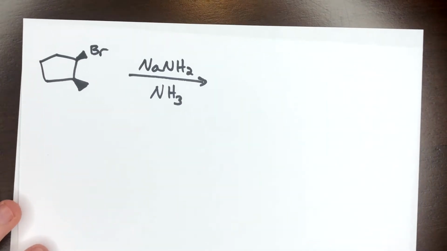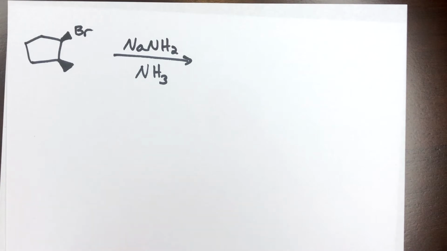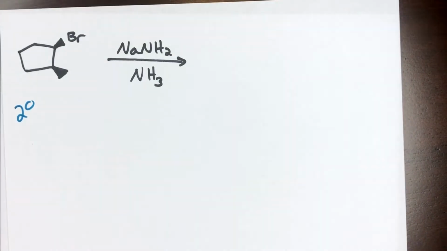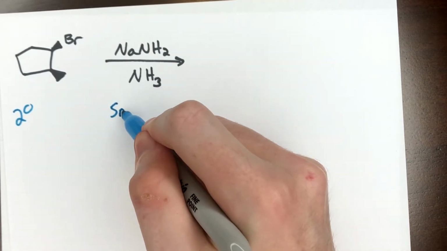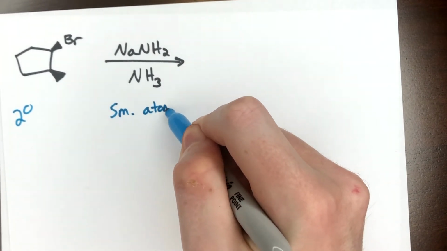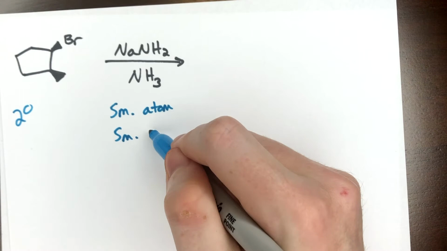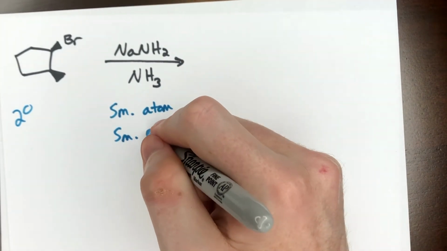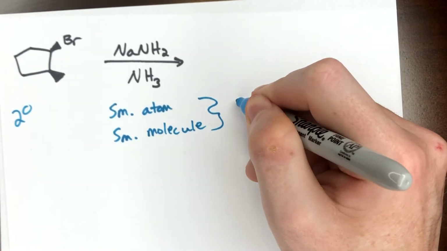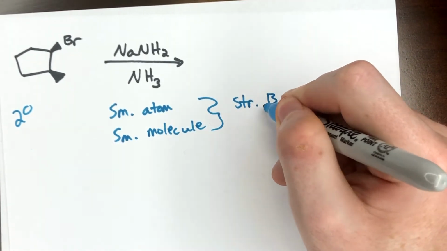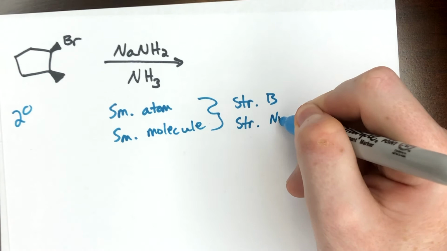Using the same substrate in this case. So again, secondary alkyl halide. So that doesn't give us much information. The molecule is a small molecule and a small atom or reagent. A small molecule. So this is a strong base and a strong nucleophile, right?